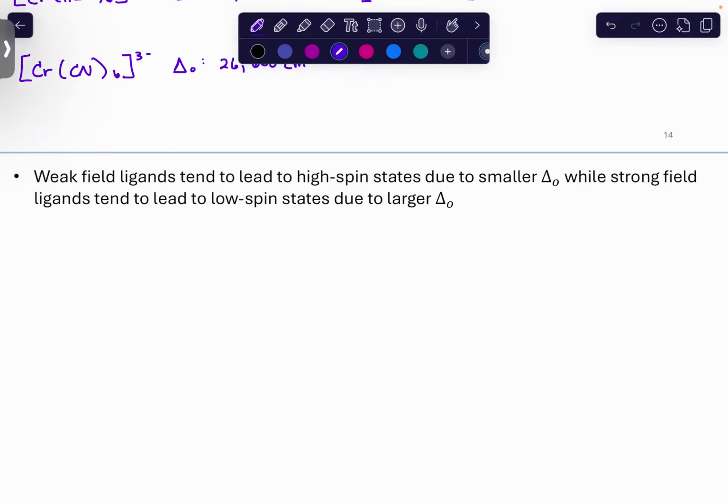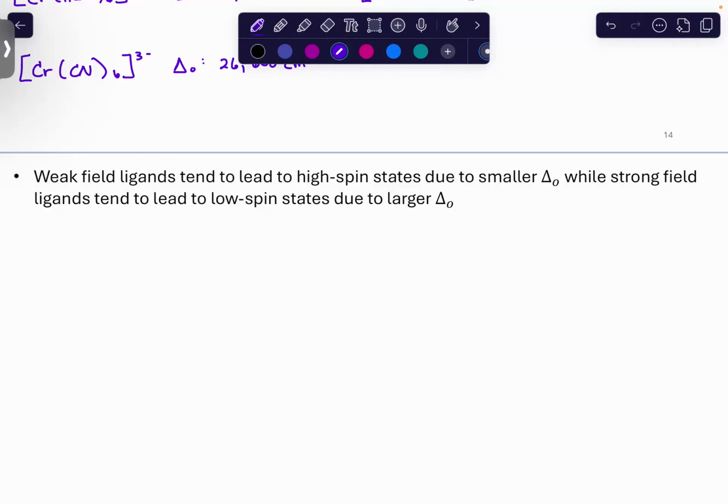What exactly do you mean, like high spin, low spin? Is there a good definition for that? Yes, and we will get there. You'll see the difference. Okay, cool. The best way to think about it is think of all of the arrows you can put in there as angular momentum, +1/2, -1/2.